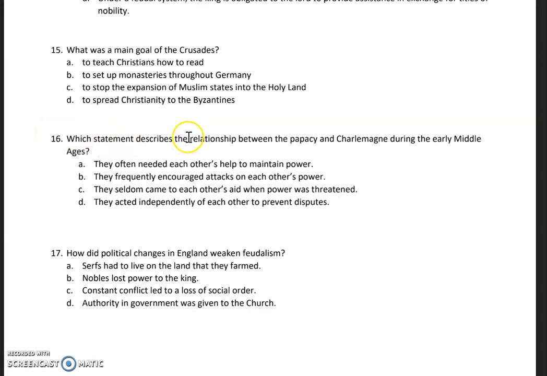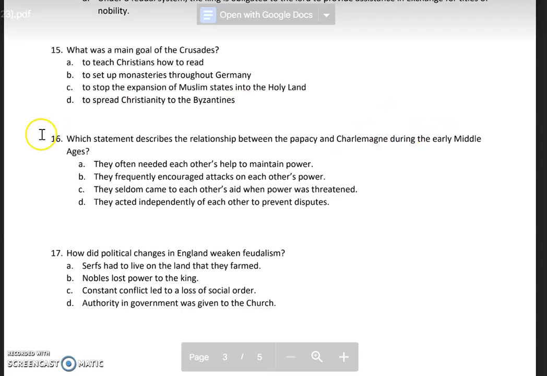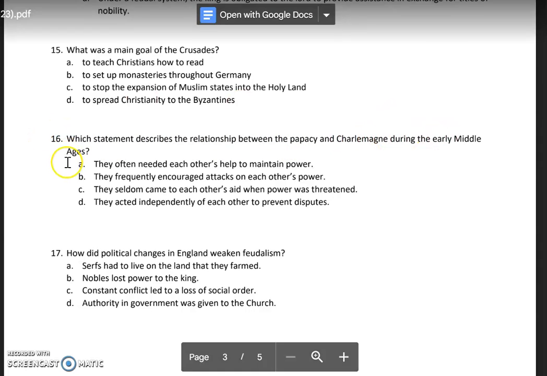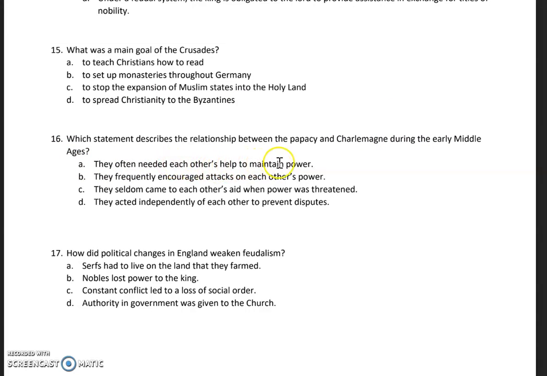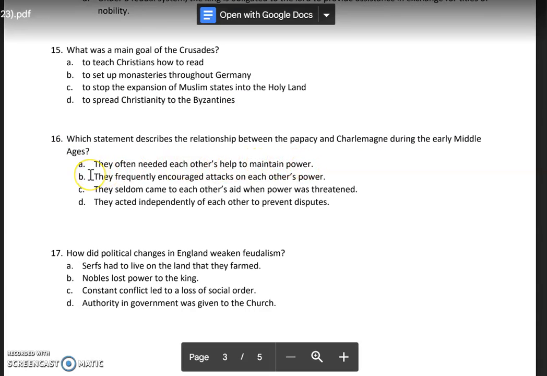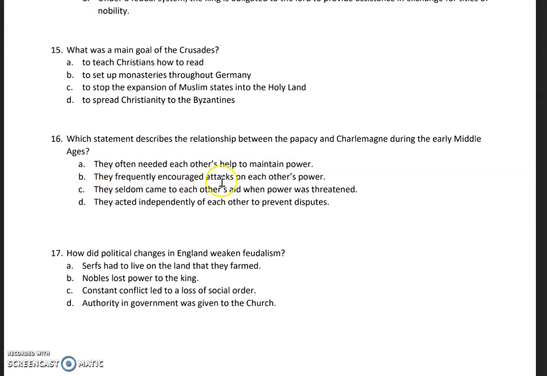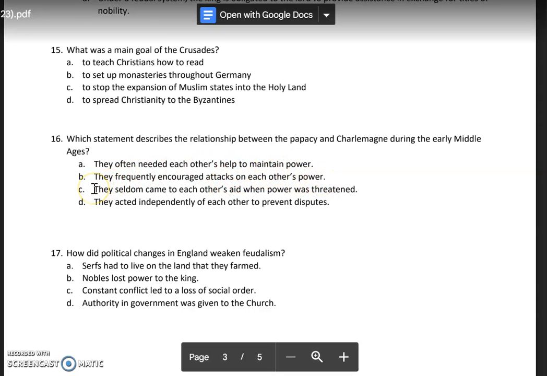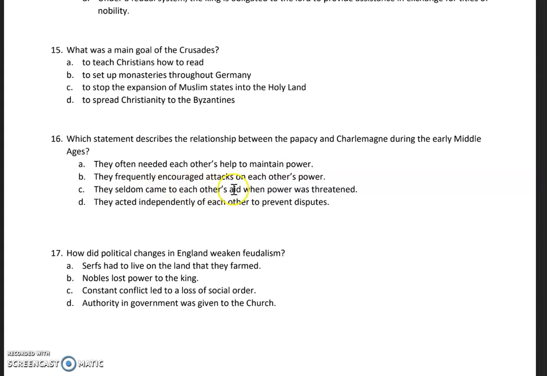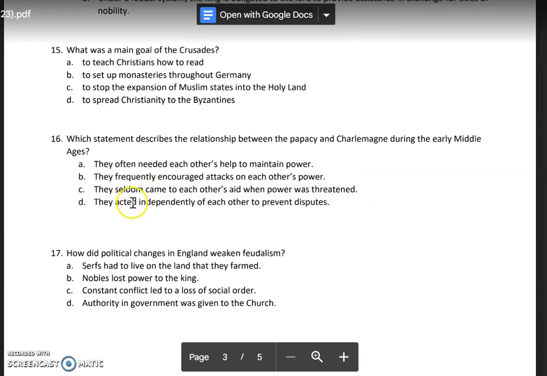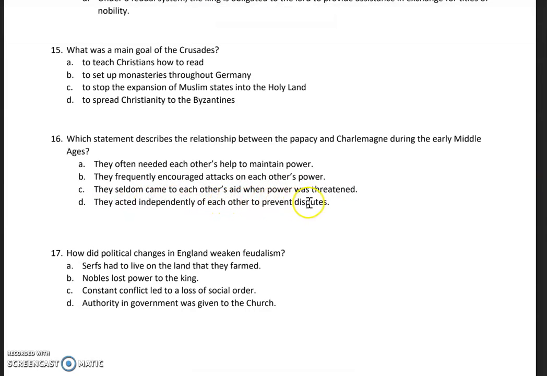Which statement describes the relationship between the papacy and Charlemagne during the early Middle Ages? A. They often needed each other's help to maintain power. B. They frequently encouraged attacks on each other's power. C. They seldom came to each other's aid when power was threatened. D. They acted independently of each other to prevent disputes.